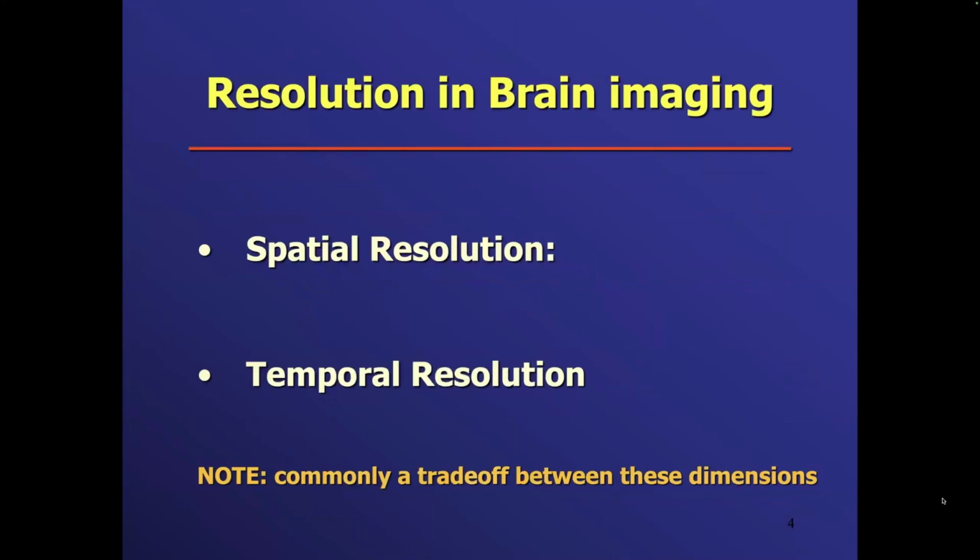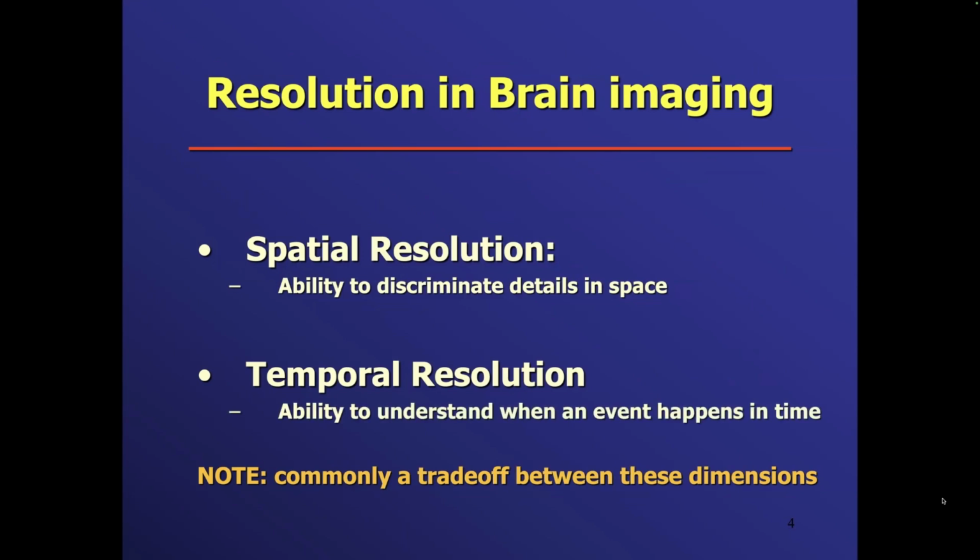So with regard to resolution, spatial resolution is our ability to discriminate in space. So any details we can see in space, how close to the neural event are we? The best spatial resolution would be the level of the neuron. But temporal resolution is a different dimension, and that is our ability to understand when an event happens in time.